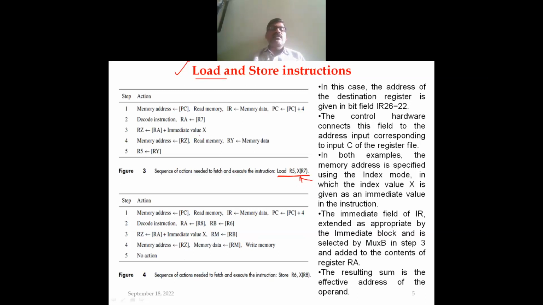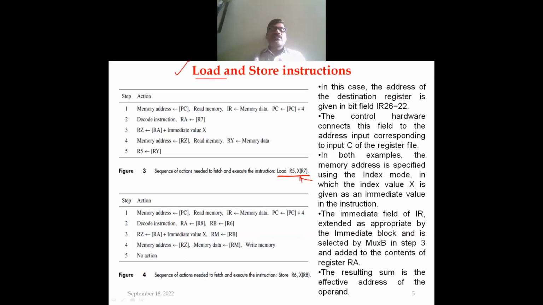When you want to perform this load instruction, what is the sequence of actions performed by the data path or processor? These are the instruction execution steps; generally a 5-step process is used.